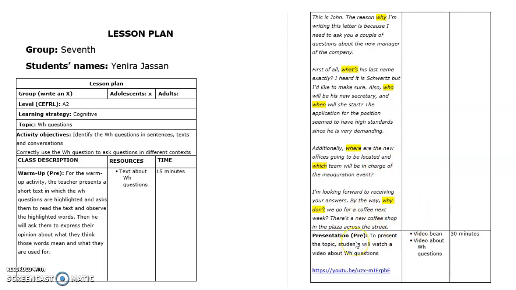After is the presentation. In this part, the teacher explains to the students the topic about WH questions. The students are going to see a video about the topic.